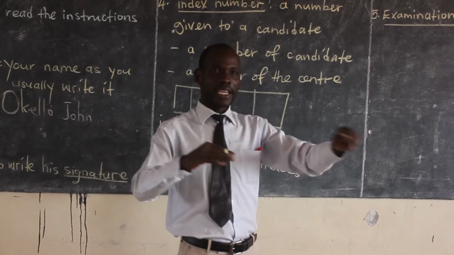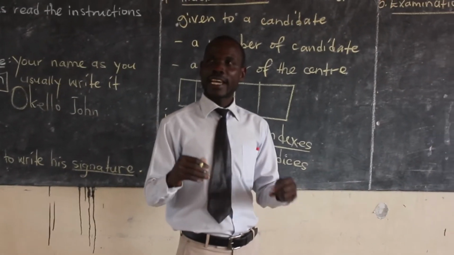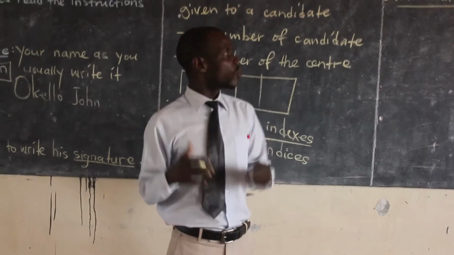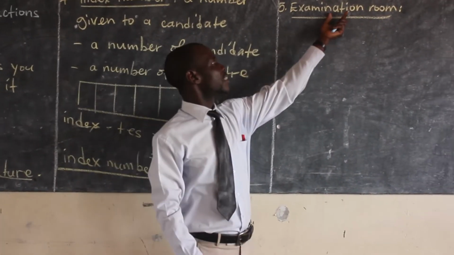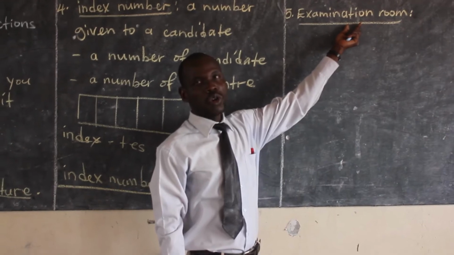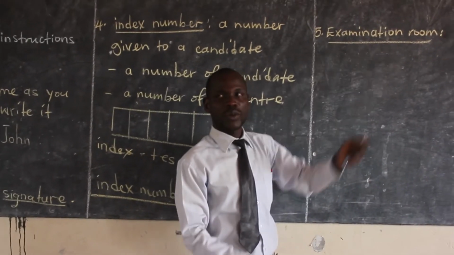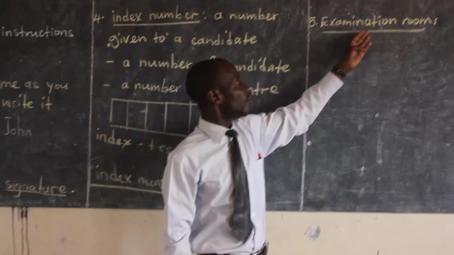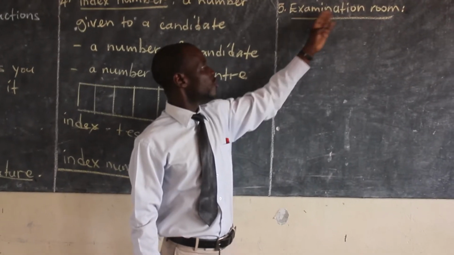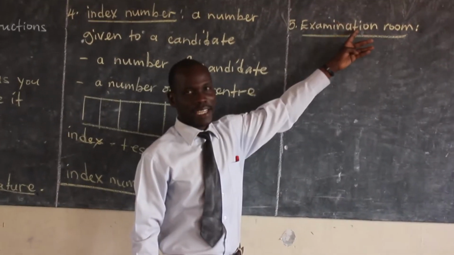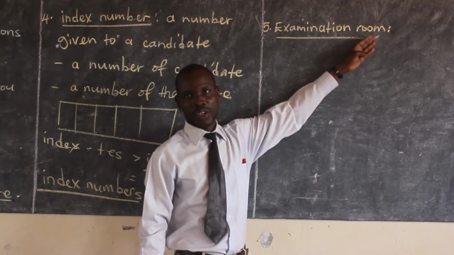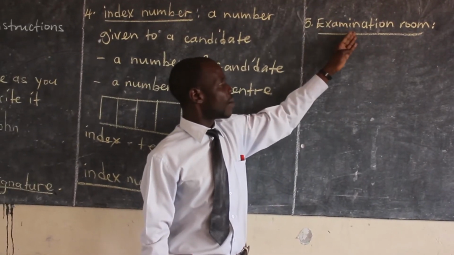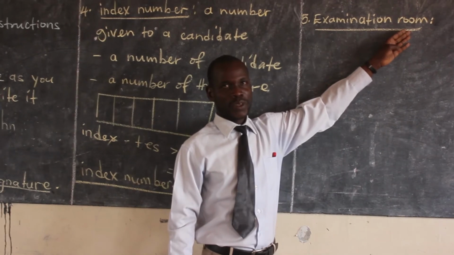When you have been allocated a particular classroom, that is your examination room. We are saying this word is a compound common noun. Why do we say it's a compound common noun? You look at it, there are two words: the word examination and another word room. So together we say examination room.